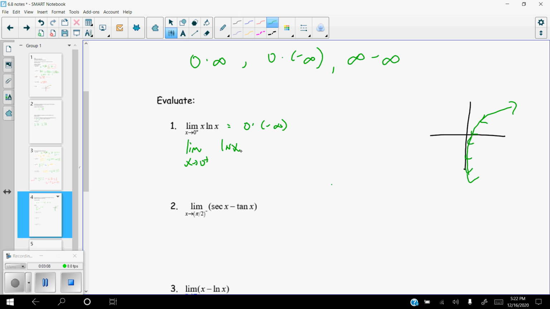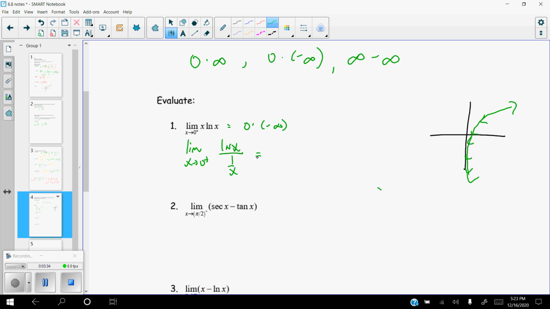But I can rewrite multiplying by x as dividing by 1 over x. And if you're like, well, wait a minute, how would you figure that one out? Just remember, if you divide by a fraction, it's multiplying by its reciprocal. So if I'm going to divide by 1 over x, it's the same thing as bringing that up, flipping it over and multiplying by x. They are the same thing.